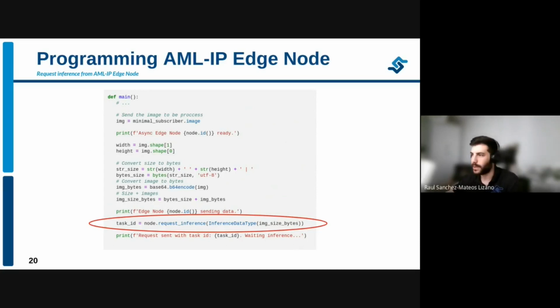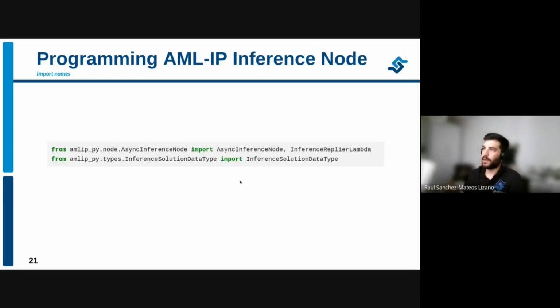Then continuing with the AMLIP inference node. As before, I will start with the import names. Here, the only things that we need to import are the AMLIP nodes. So we are importing here the async inference node, and also for the data types, the inference solution data type.